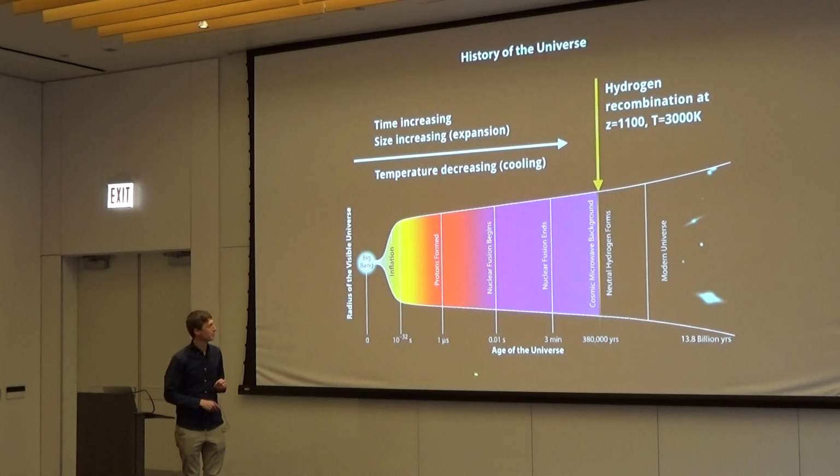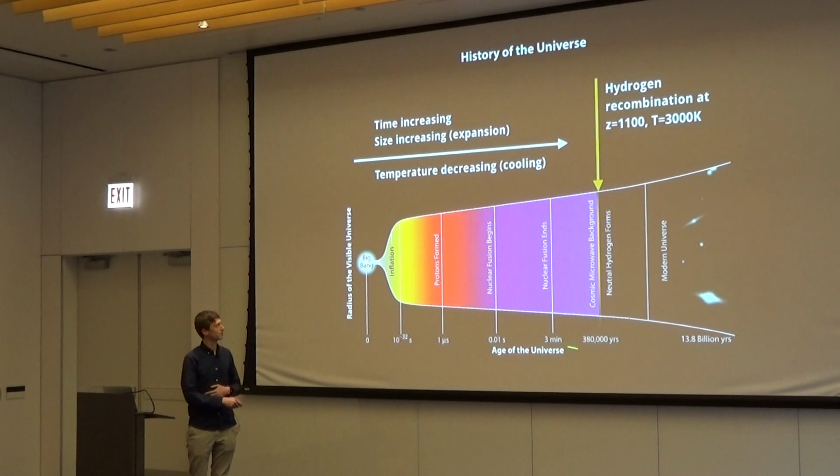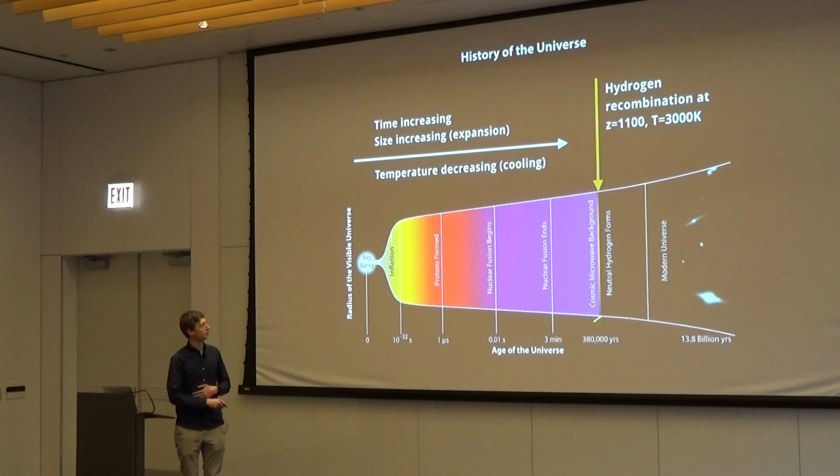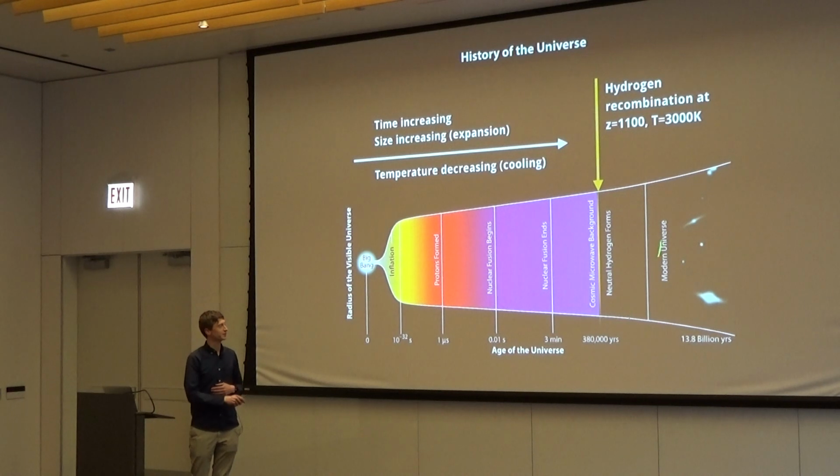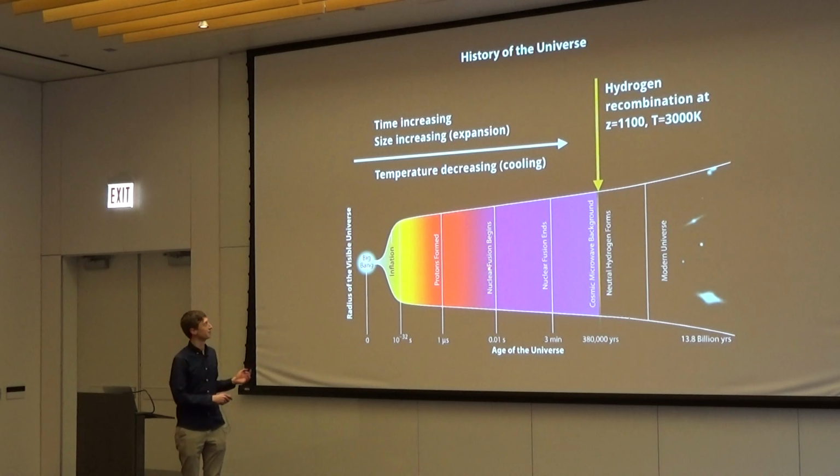So here's a very conceptual sketch of our universe going all the way back to the Big Bang. And of course what we study is the cosmic microwave background. This is light that was first released, first decoupled from matter, about 300,000 to 400,000 years after the Big Bang, when the temperature cooled off enough for the universe to become neutral.